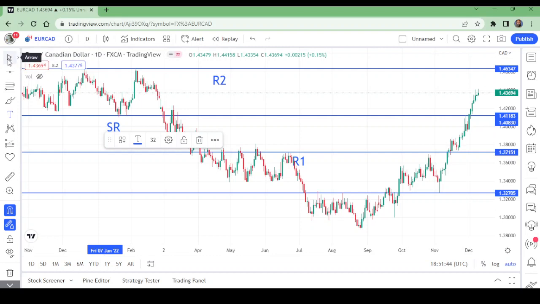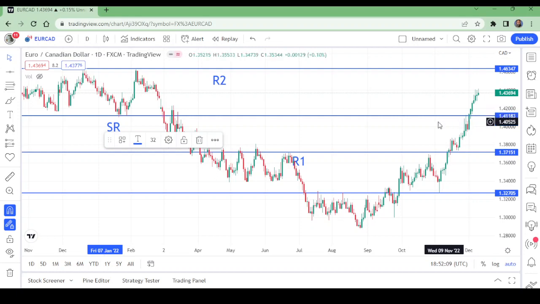Though these levels do something, try to push downward, but they are not as powerful as these originals. The resistances that I call them are very strong. This was a very strong resistance that was broken here. Watch, then the pair went directly upward.